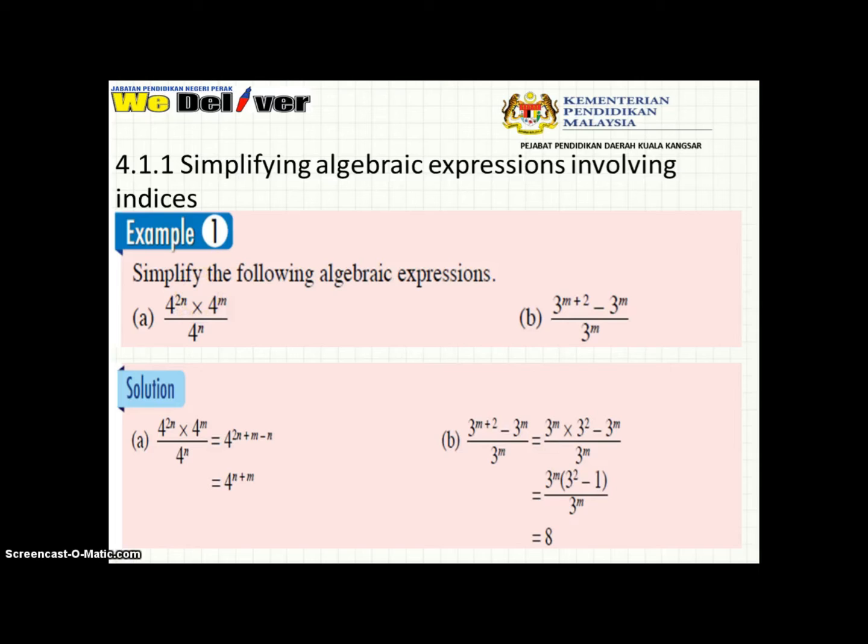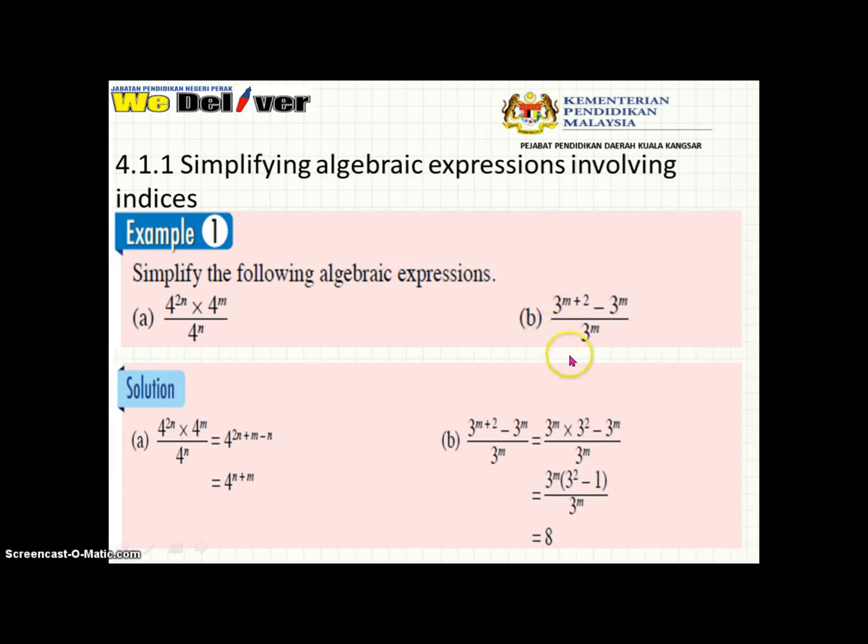So 4 to the power of 2n times 4 to the power of m is multiplied, so the indices we add up: 2n plus m. And divide by 4 to the power of n, we subtract. So the answer will be 4 to the power of 2n plus m minus n, equals 4 to the power of n plus m. Okay, B.